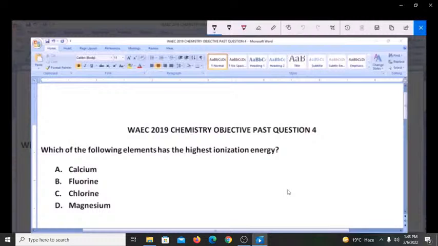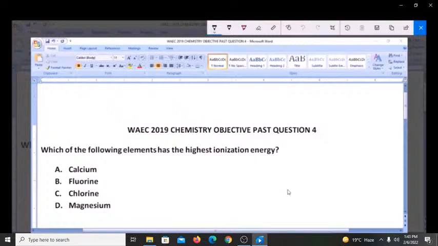So in simpler terms, an electropositive atom or an atom of a metal is much more likely to lose electrons than much more electronegative atoms.